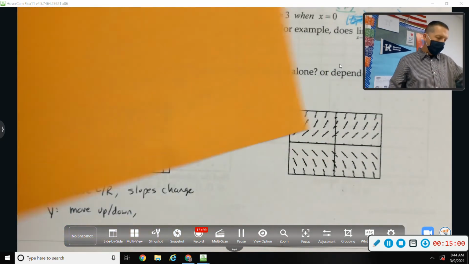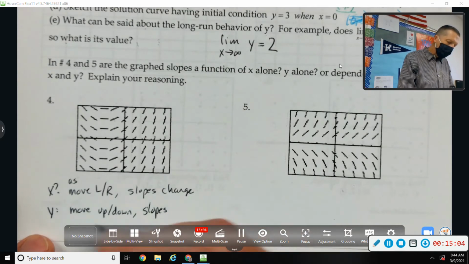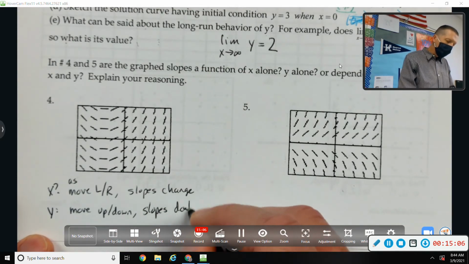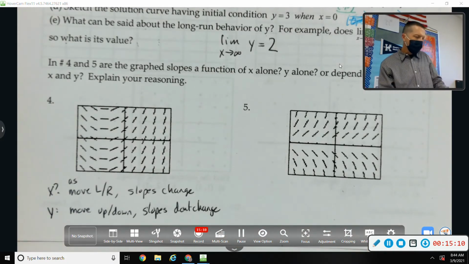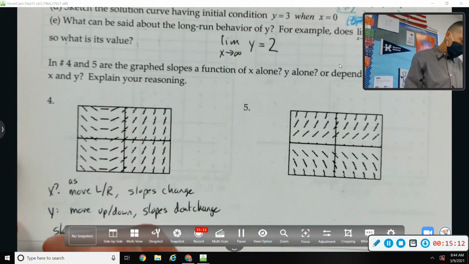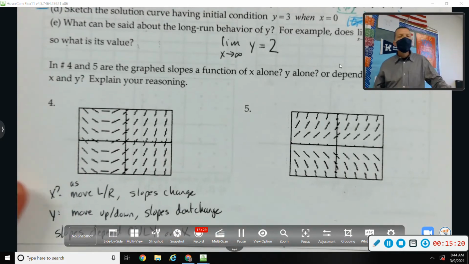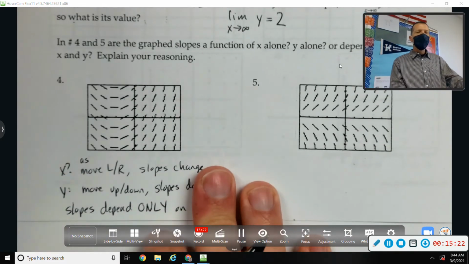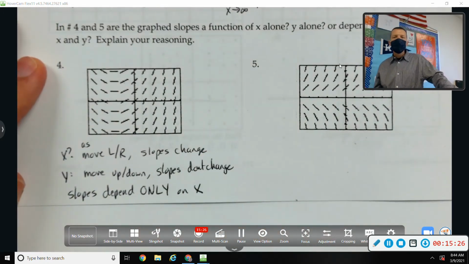So that one depends on x. So if we move up and down, the slopes don't change. So those slopes depend only on x. If we move left and right, they change. If we move up and down, they don't change.